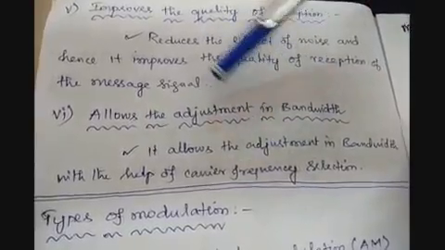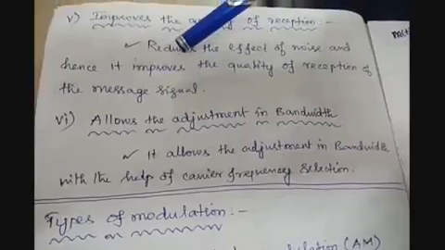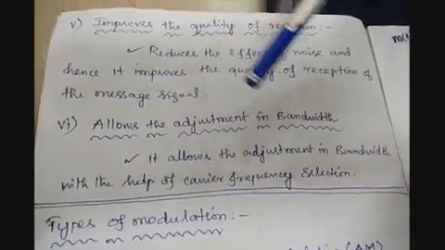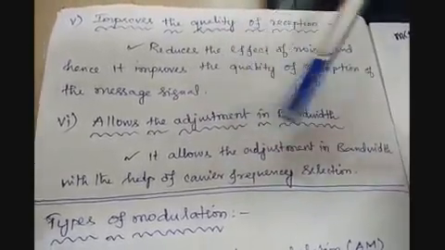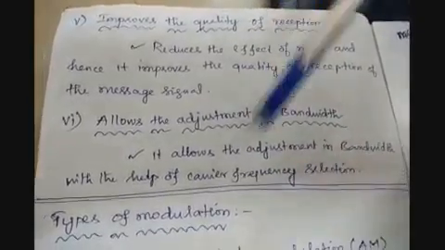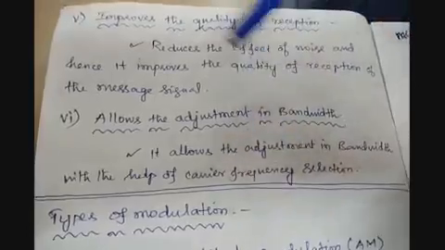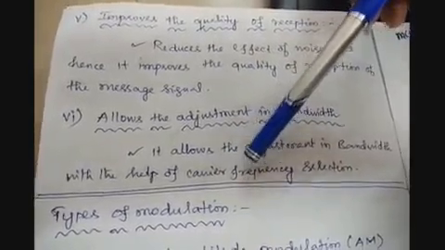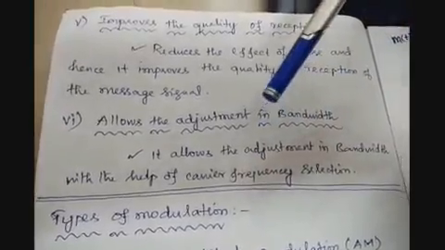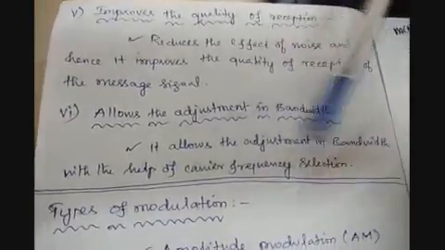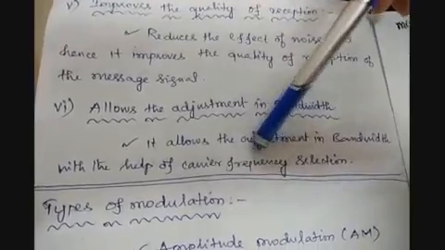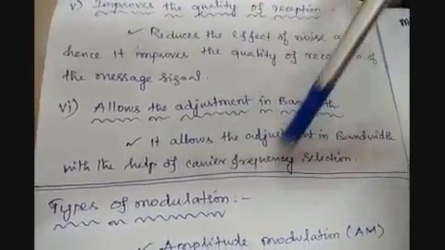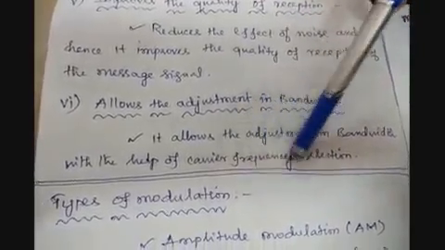Already I told you, in the previous class we discussed oscillators. An oscillator produces oscillations. Oscillation is nothing but a sine wave, right? With some frequency. So with the help of an oscillator we can generate the carrier frequency, and the carrier frequency is our choice. So bandwidth depends on carrier frequency. So we can adjust the bandwidth with the help of this carrier frequency selection.